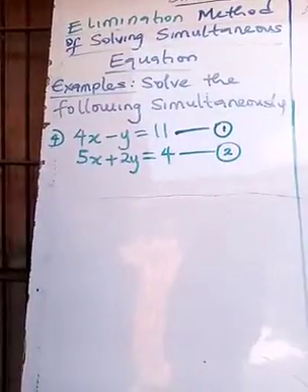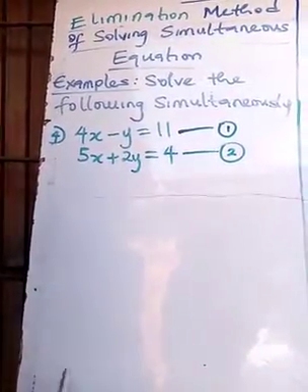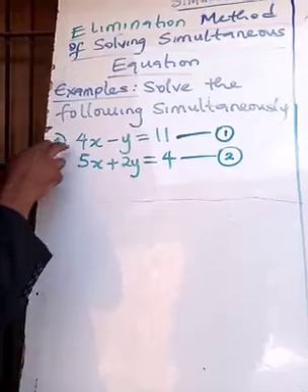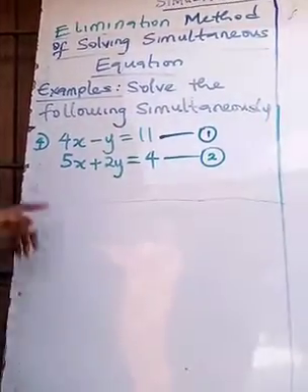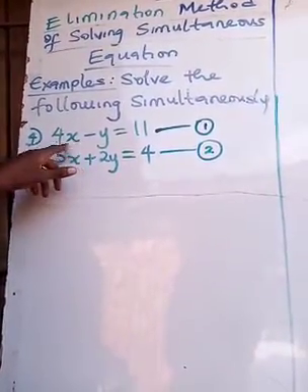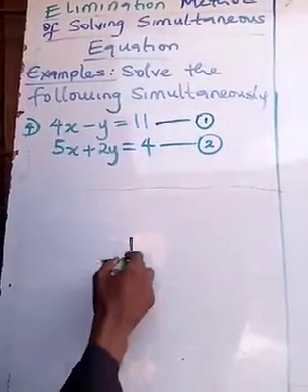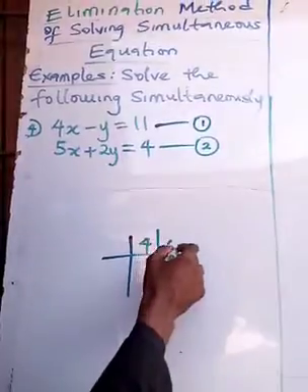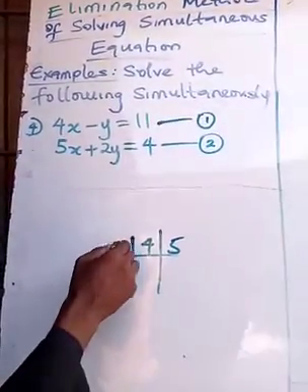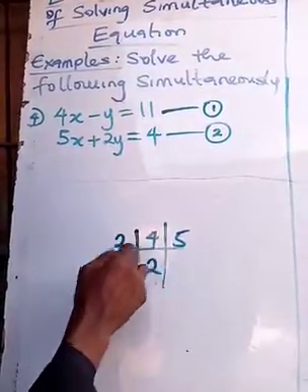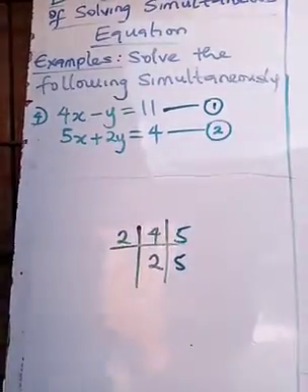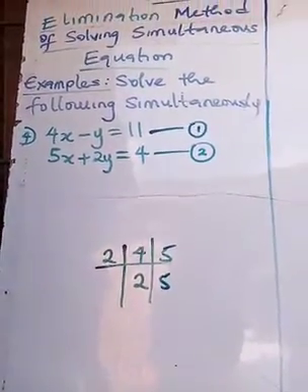So if we are eliminating x, we'll find the LCM of 4 and 5. The coefficient of x here is 4, the coefficient of x here is 5. So, primary school method for looking for LCM: we divide by 2, 2 in 4 is 2, 2 in 5, write 5 back. That's how we find the LCM.